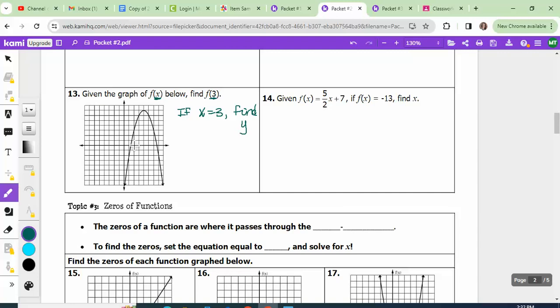So if x is 3, that means we go 3 to the right. Where is that point on our graph? It's right there. The y value of that one is 6.